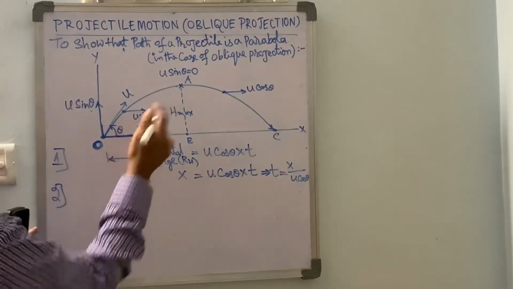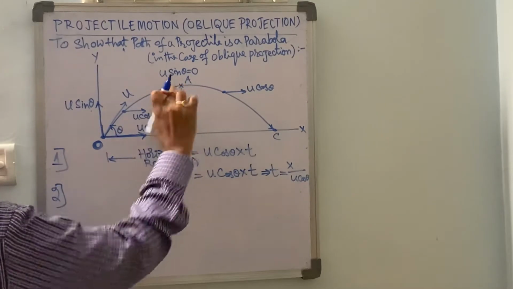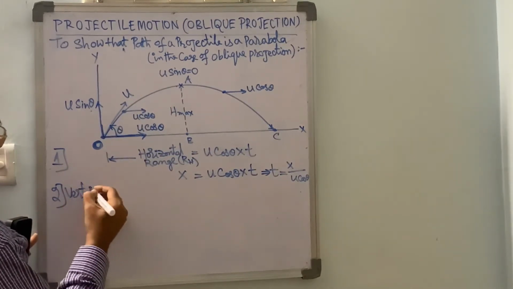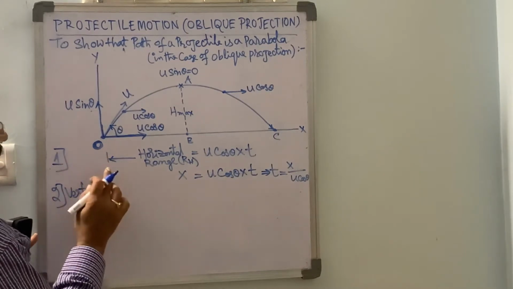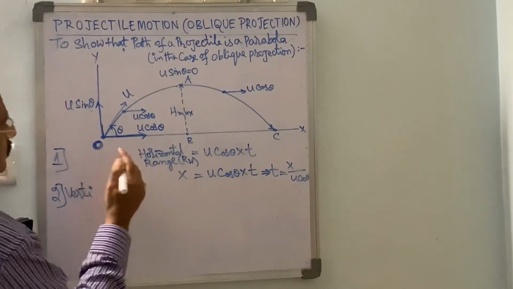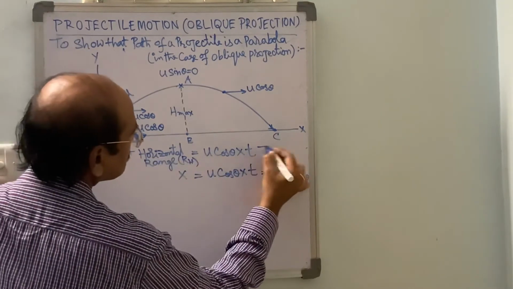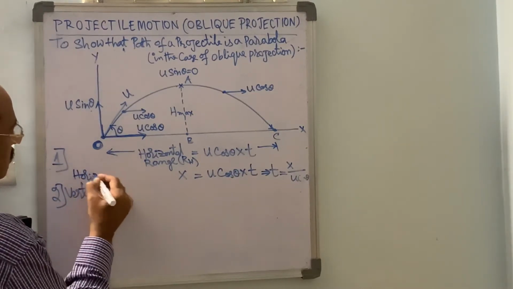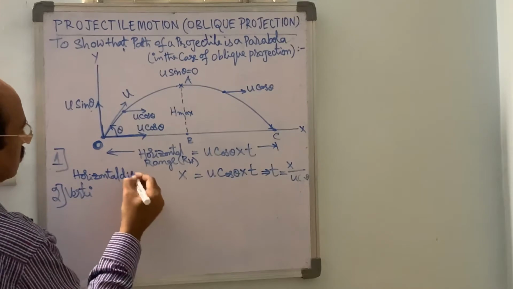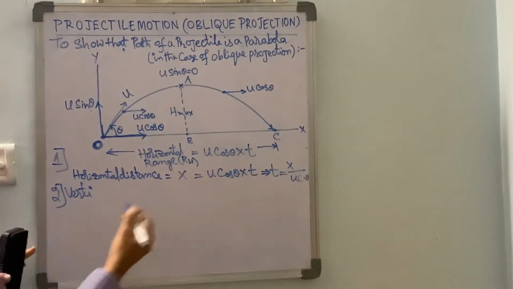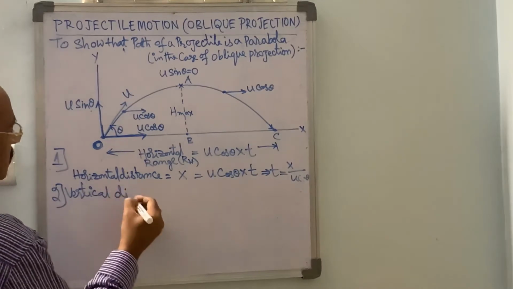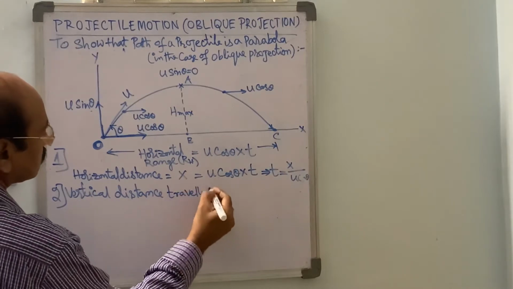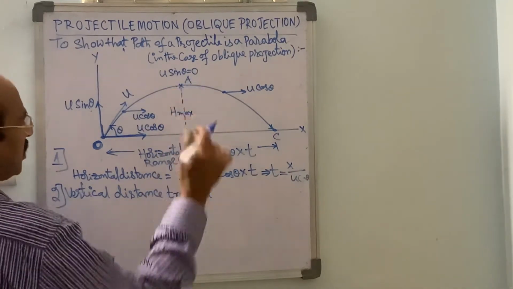And from this figure we calculate the vertical distance travelled AB. Next, the vertical distance travelled, this is H maximum.